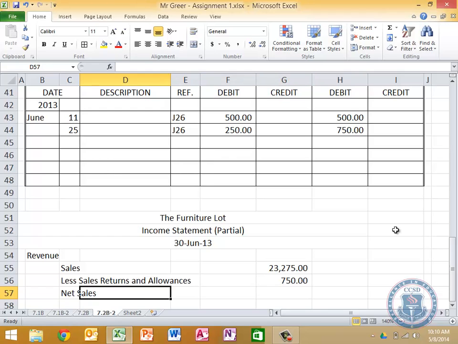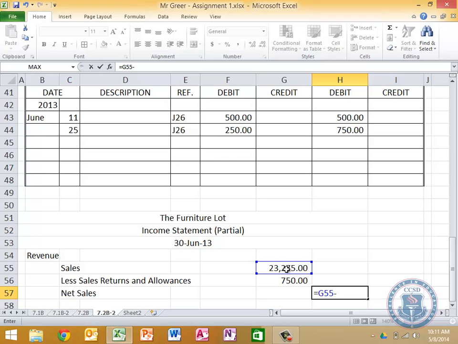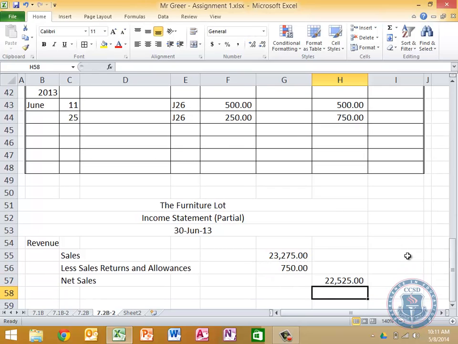And my net sales is going to be what? How do I figure out my net sales? 23,275 minus 750. Now I do want to point out that the 750 is not a negative number, but it does say less in front of it. So that's why we're doing the subtraction. That should be our ending balance.